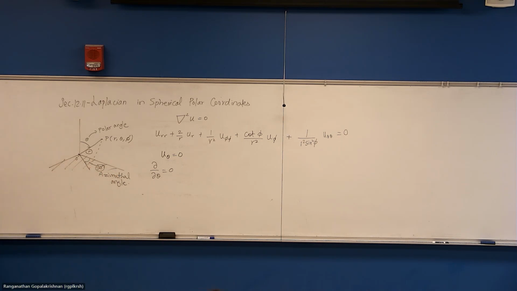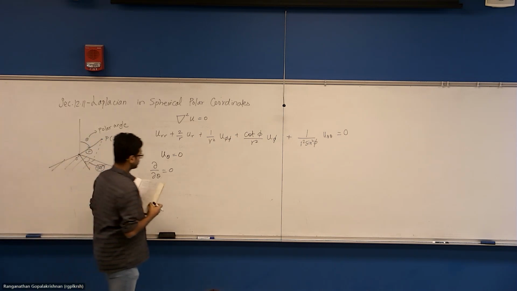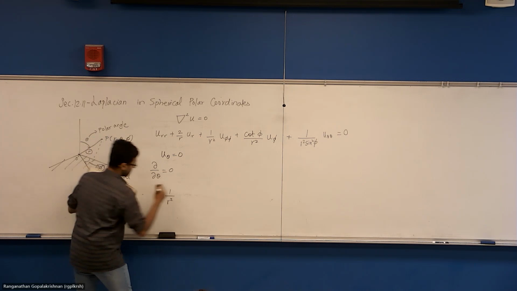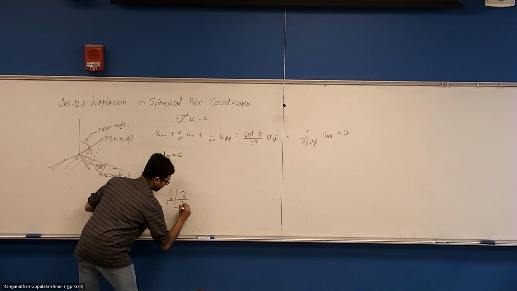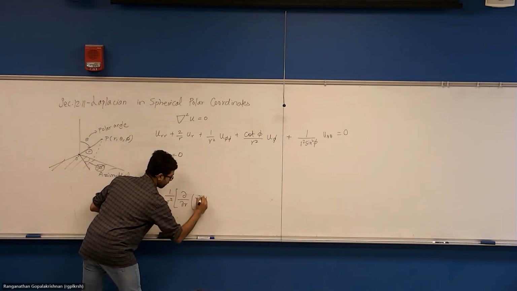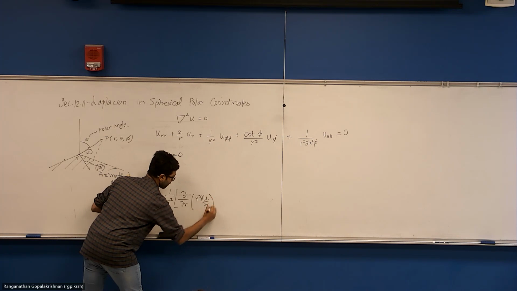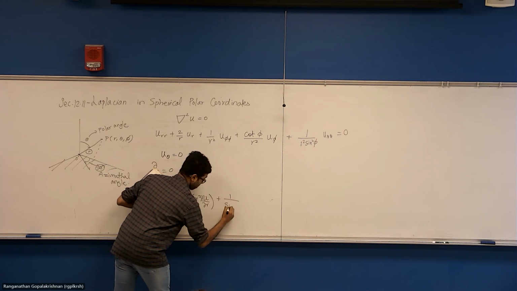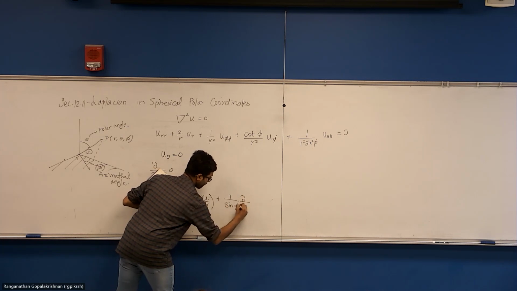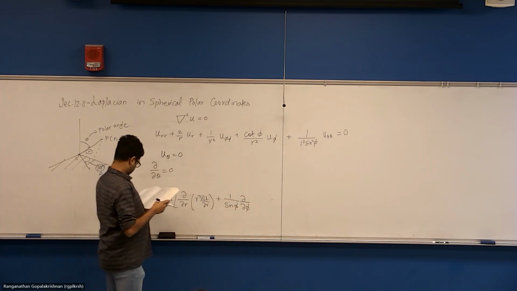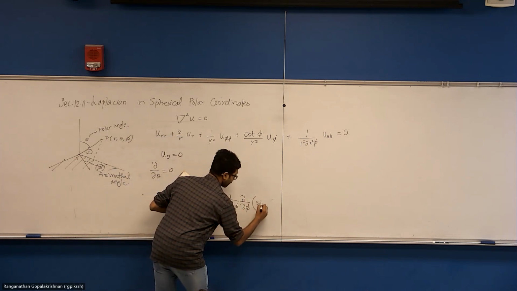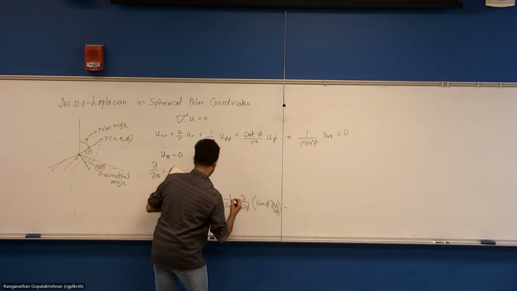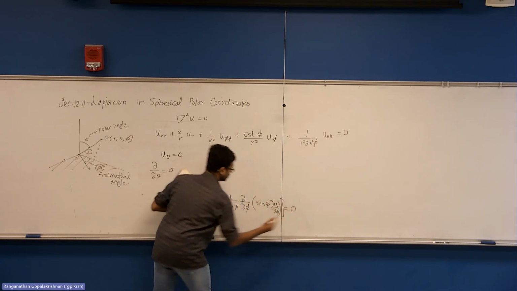So that would be 1 over r squared equal to 0.